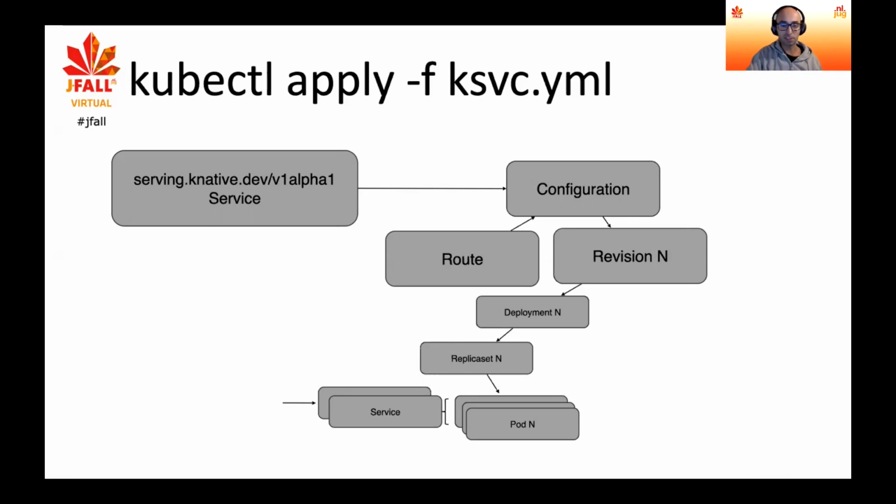Notice that it also creates a route. You've seen when I did a kn service list that there wasn't a URL for the service. I've not done anything at all. It was created automatically for me because this is something that needs to be done by Knative. And of course, all these concepts are built atop the already known Kubernetes concepts like deployments, replica sets, pods, and services.